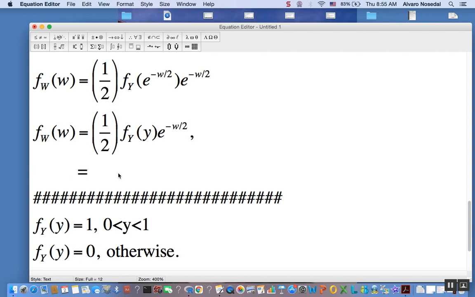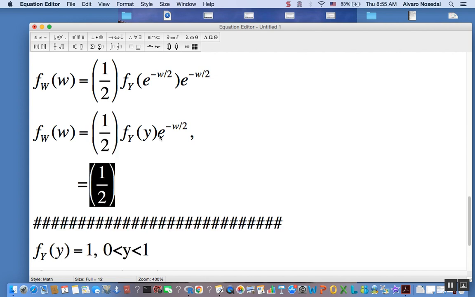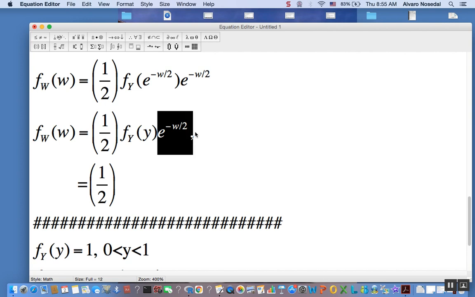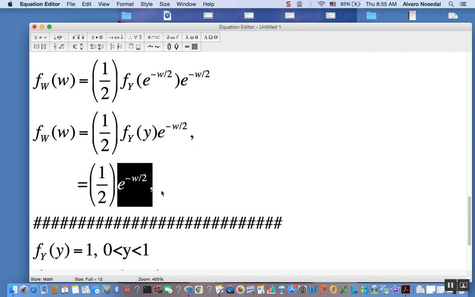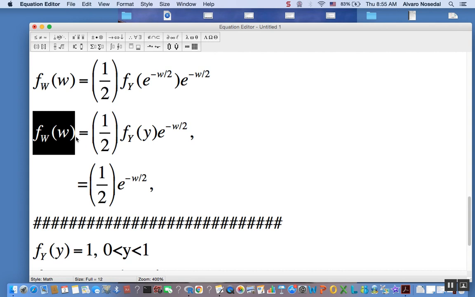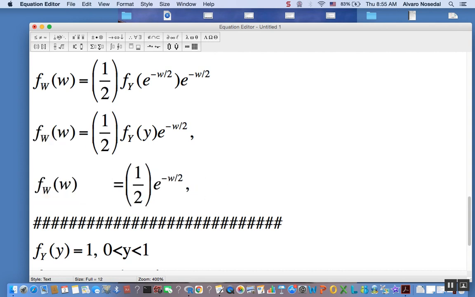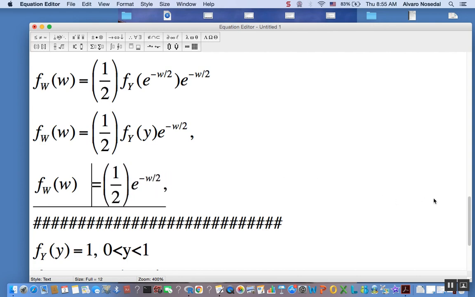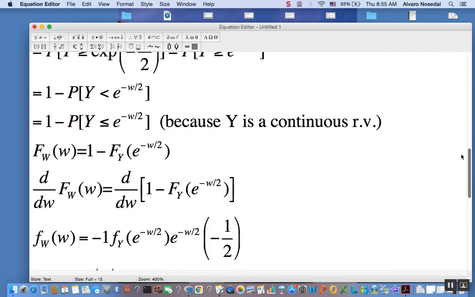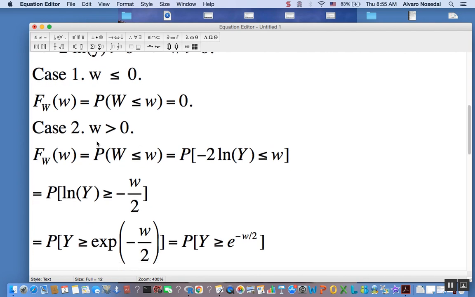So what we have is just 1/2 times e to the negative w divided by 2, right? And that will be our PDF, and we know that we are applying this for positive w's.